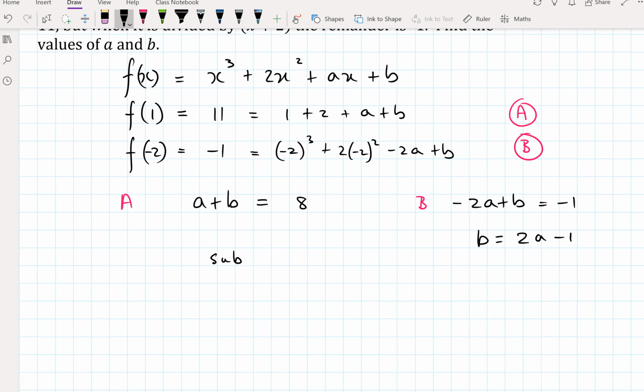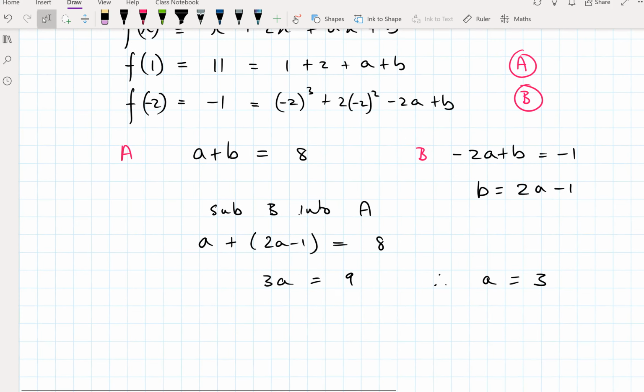And then I'm going to substitute b into A. So equation A is going to look like this: a plus, instead of b, 2a minus 1, all of that equals 8. And I'm going to have 3a is equal to 9, and so therefore a is going to equal 3. In which case b is going to be 2 times 3 minus 1, and that's going to give me 5.